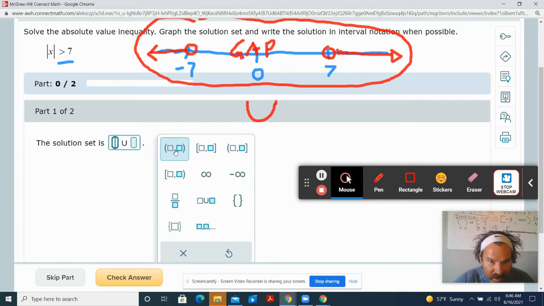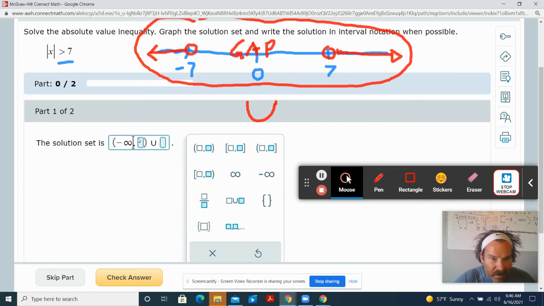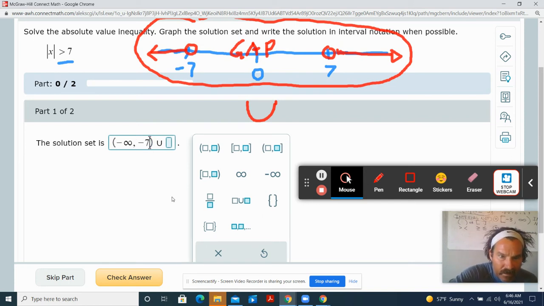So I'm going to click this, and then I'm going to put in negative infinity, and then I'm going to put in -7. Okay, and then I'm going to leave the gap because that's the gap right there. And then I'm going to start at 7.